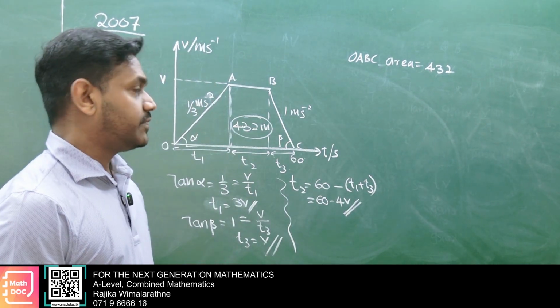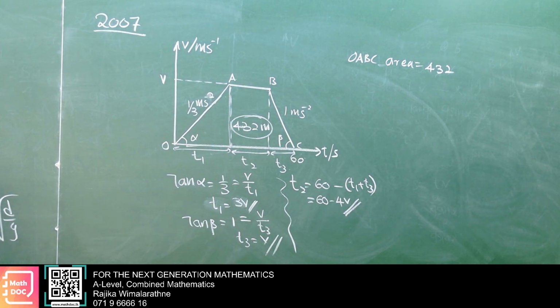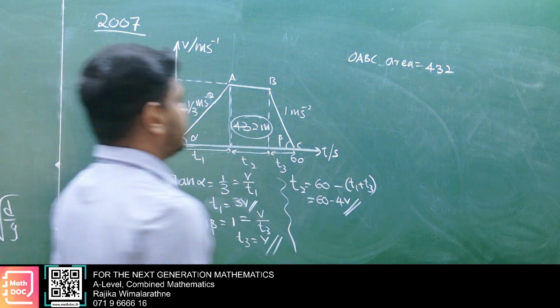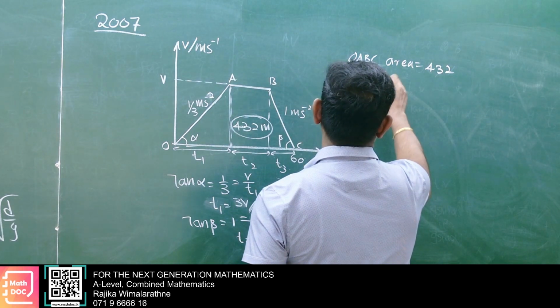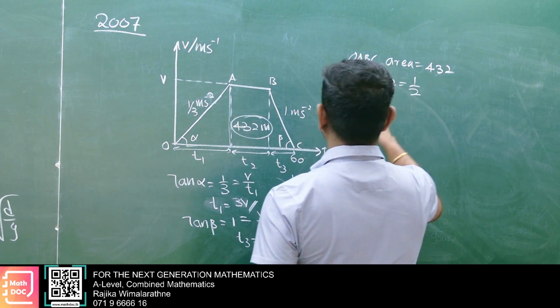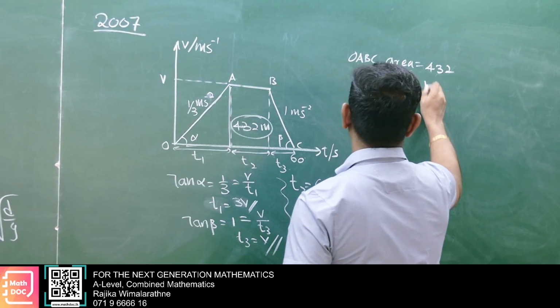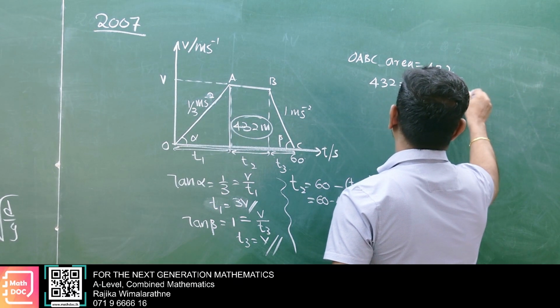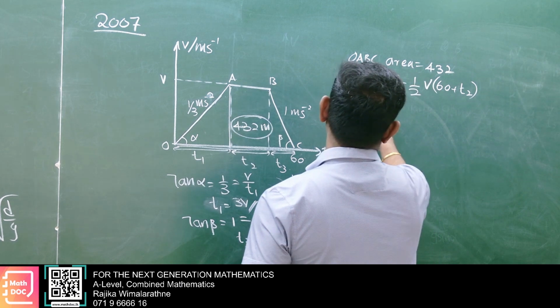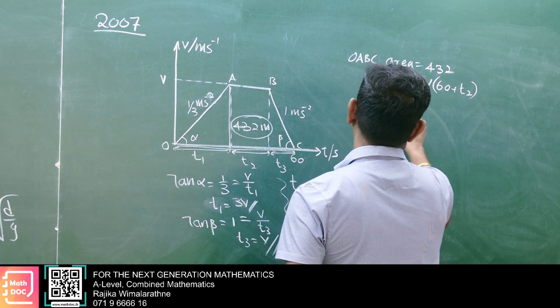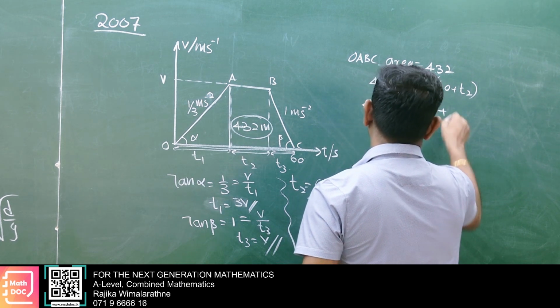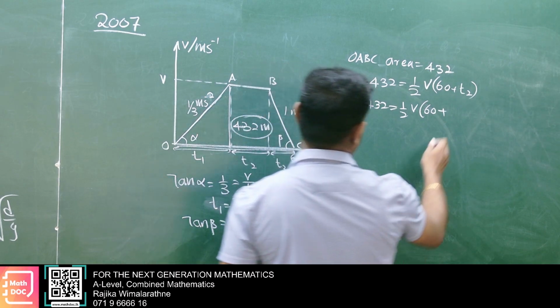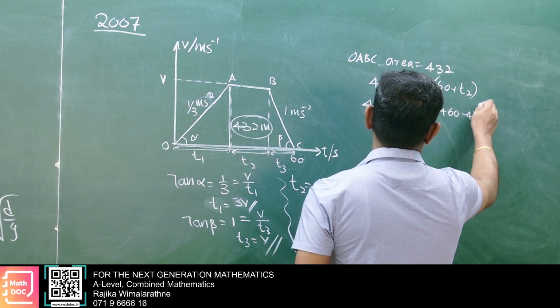You try alone. Then write the full area relation. Trapezium: half into v into (total 60 plus t2). Here t2 is 60 minus 4v. 432 equals v over 2 times (60 plus 60 minus 4v). Now simplify.